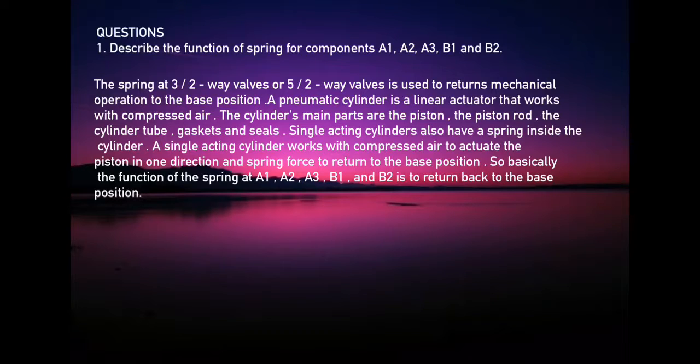The cylinder's main parts are the piston, the piston rod, the cylinder tube, gasket, and seals. Single-acting cylinders also have a spring inside the cylinder. A single-acting cylinder works with compressed air to actuate the piston in one direction and spring force to return to the base position. So basically, the function of the spring at A1, A2, A3, B1 and B2 is to return back to the base position.